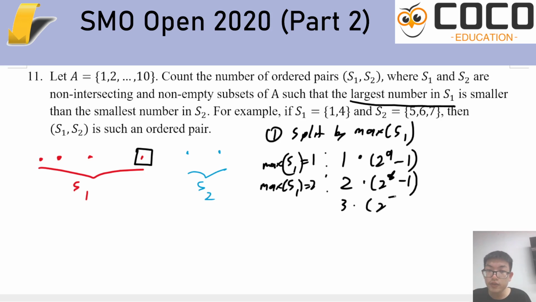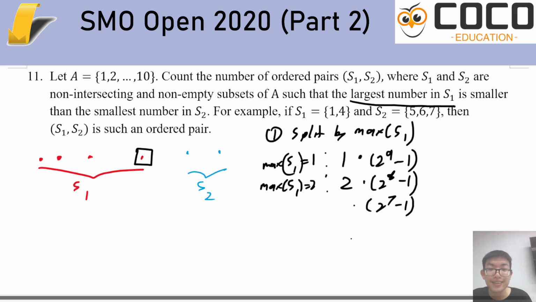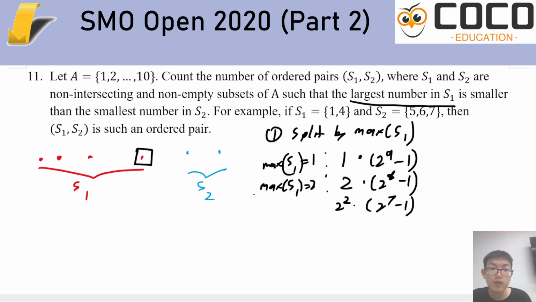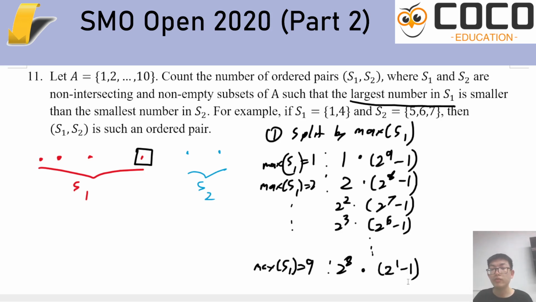This will continue, sorry, not 3, 2 squared. If the maximum is 3, now there are 1 and 2. And this goes on until the maximum of S1 is equal to 9, in which case you have 2 to the 8 times just 2 to the 1 minus 1, which is, of course, 1.